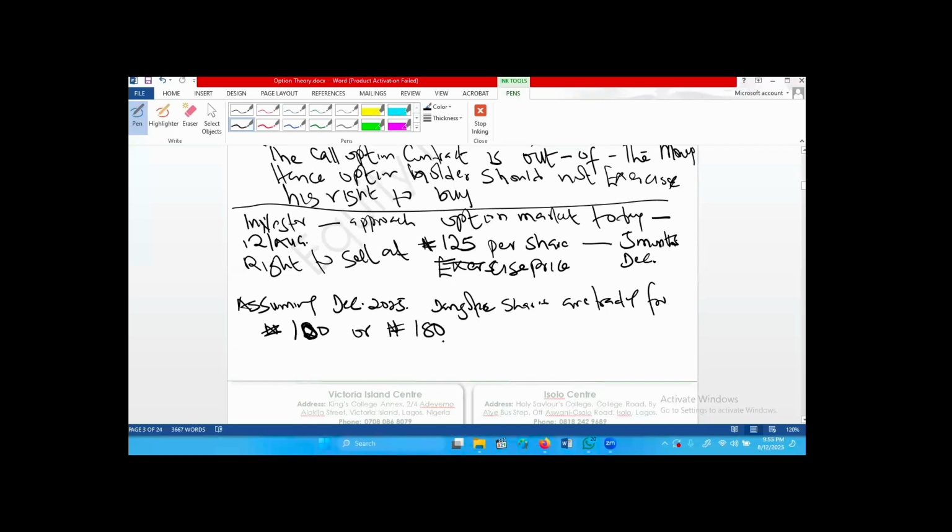This 180 is the asset price at maturity. Maturity is December. The asset we are referring to is Dangote shares. Now the question is, will you exercise your rights or not?